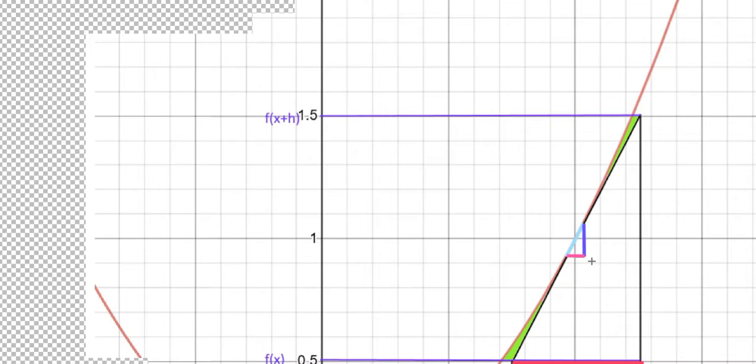And then from there, I can work out the change in y by just doing that as my change in y. And this triangle will be particularly small because I will be making it such that the h, this length, the change in x, is small. How small? Well, the smaller the better.